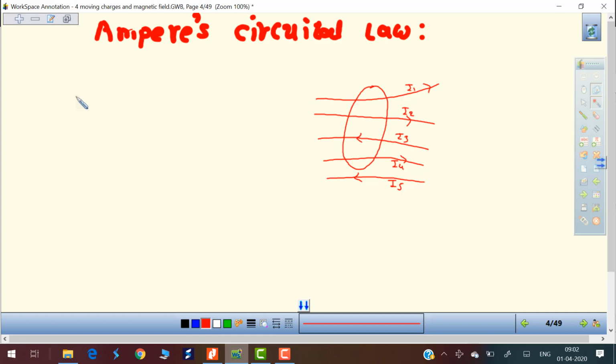So what is this law? Integration for this loop of B dot dl. For a closed loop, this is the indication for the closed loop. We are doing integration, so I divide into small parts.